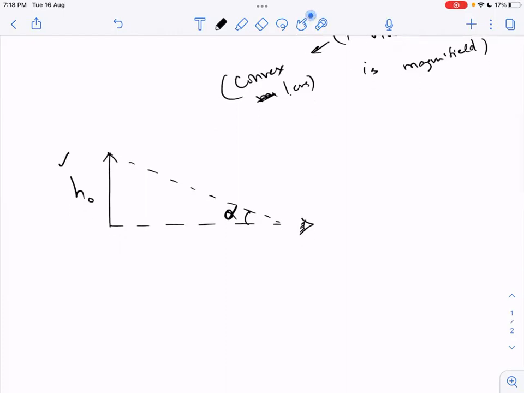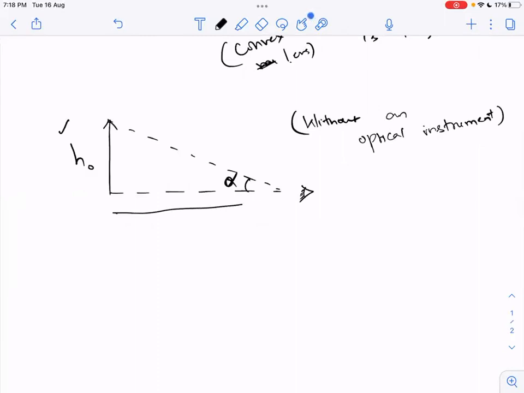When you're looking at this object initially without an optical instrument, the first thing you'll do is ensure that the object is placed at the least distance of distinct vision, at capital D. Then I can say tan alpha is equal to H naught divided by D, which is approximated to alpha, which is H naught divided by D. Let this be equation number 1.